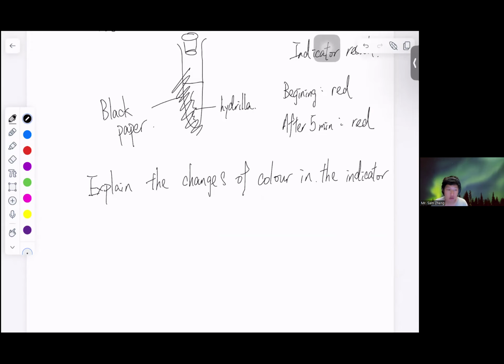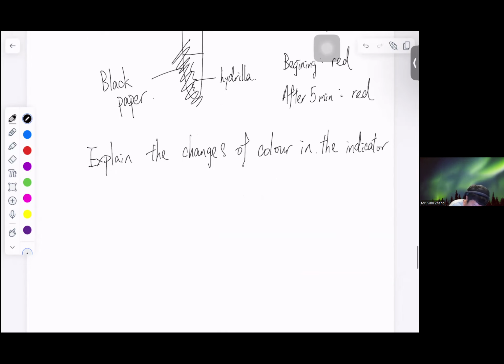So I want you to help me write the answer using the sentence patterns that you have learned.